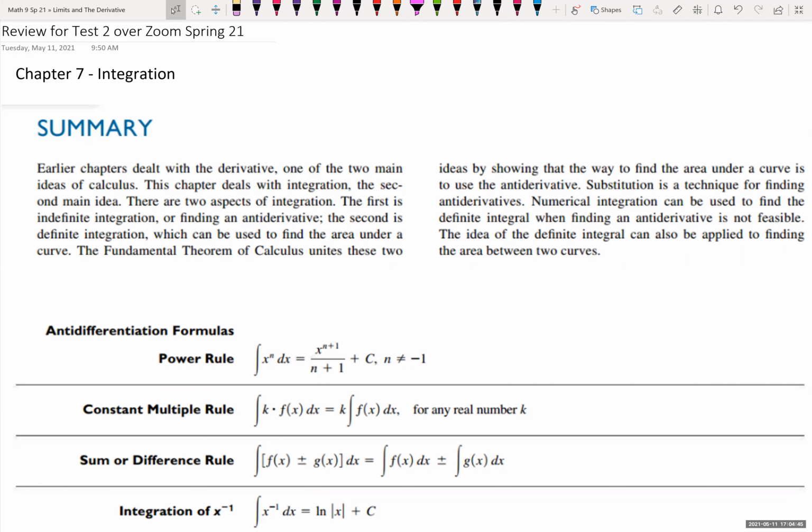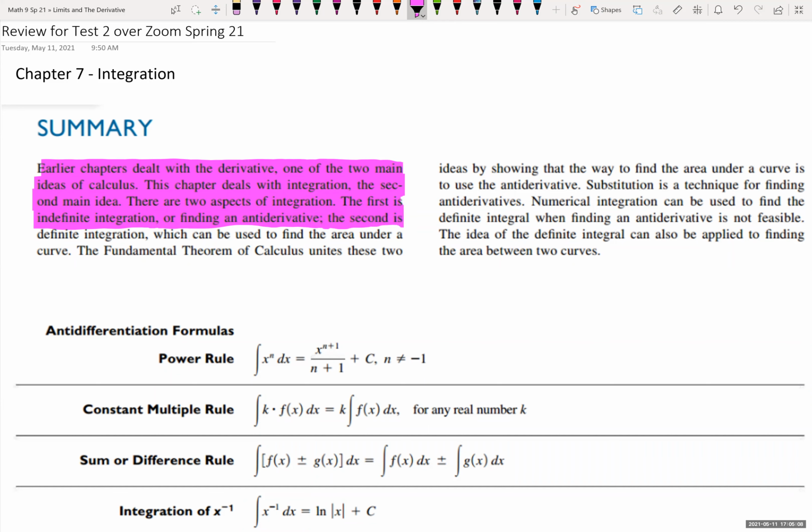Okay, so the summary says early chapters dealt with the derivative, one of the two main ideas of calculus. This chapter deals with integration, the second main idea. There are two aspects of integration. The first is indefinite integration and finding the antiderivative.